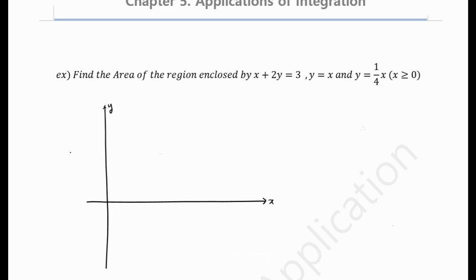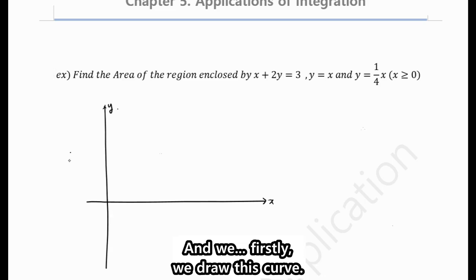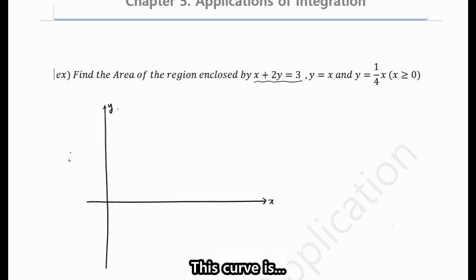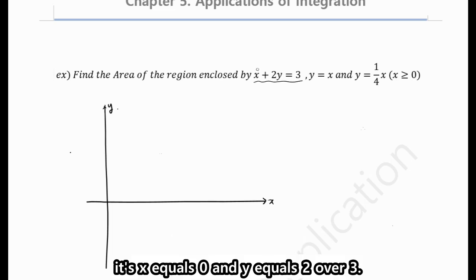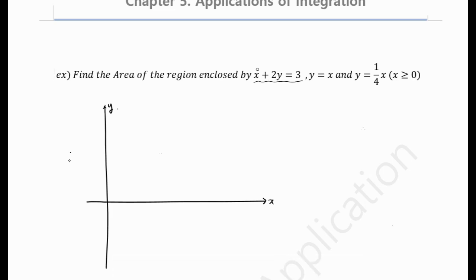Firstly we draw this curve. It has x equals 0 and y equals 3 over 2. This is 3 over 2 and 3.